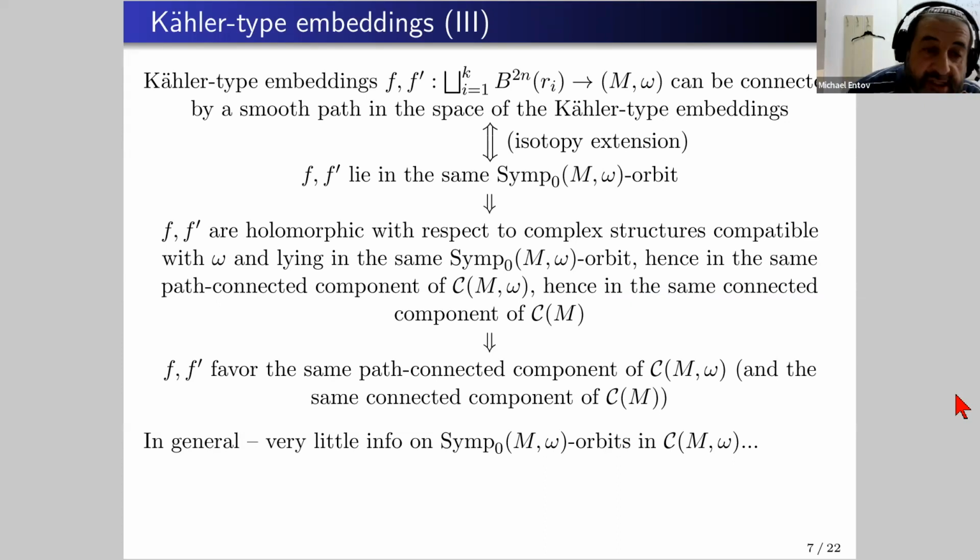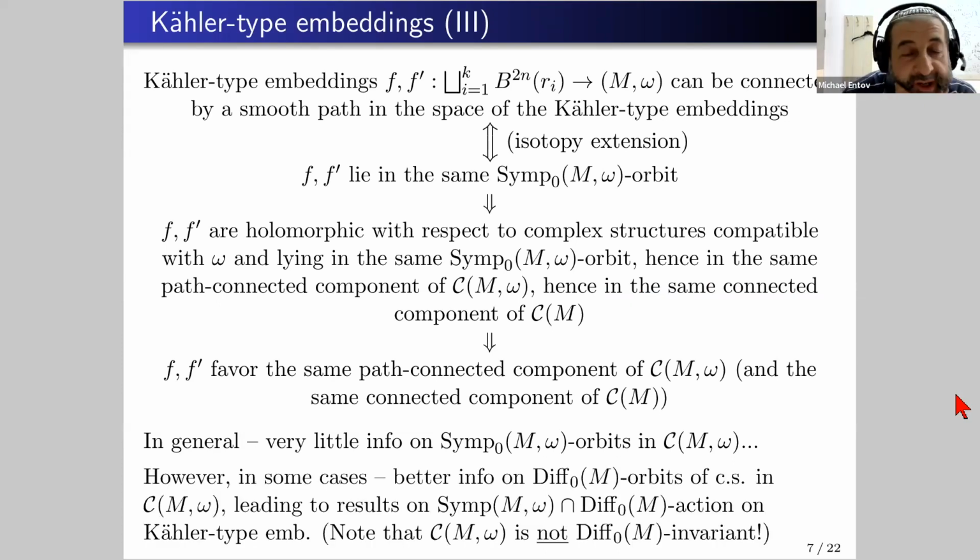However, in some cases, we have better information on Diff-naught orbits of complex structures. We are going to consider only Diff-naught orbits of complex structures compatible with omega. And this will lead to results about symplectic isotopy, with the Diff-naught action on the space of Kähler-type embeddings.